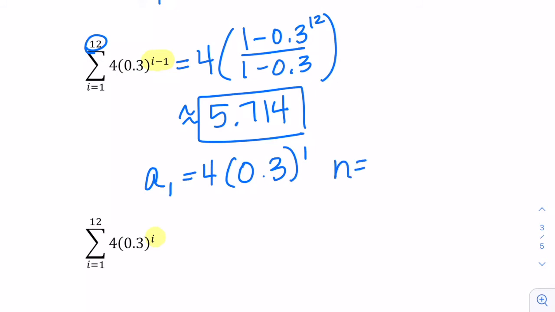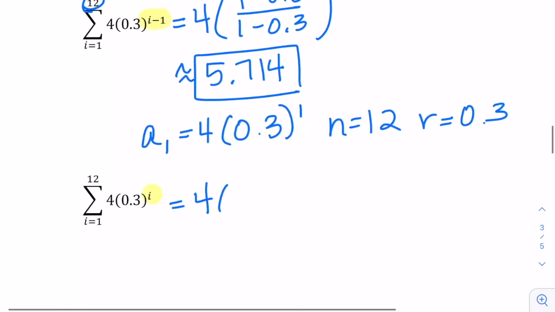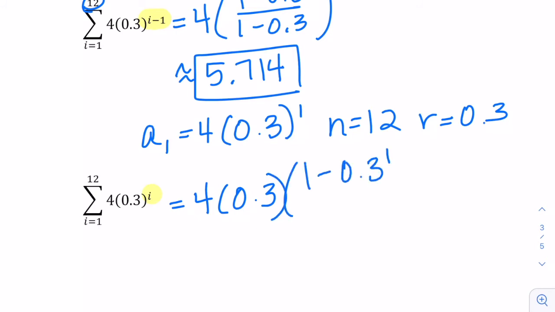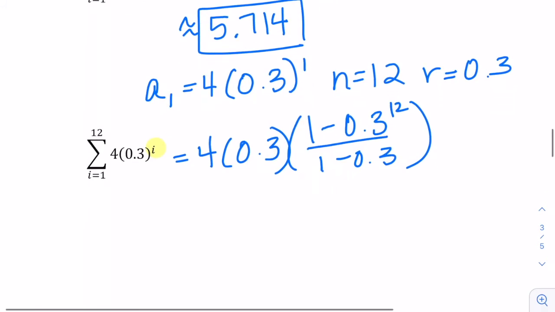We're still having 12 terms. The ratio is still 0.3, but we're going to have the formula as 4 times 0.3, and then 1 minus 0.3 raised to the 12th over 1 minus 0.3. And that will be about 1.714.